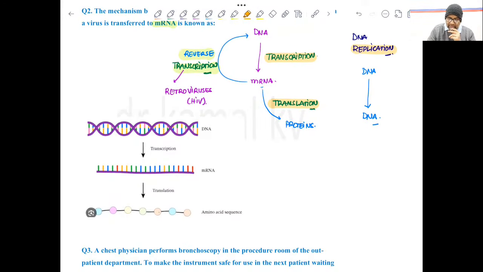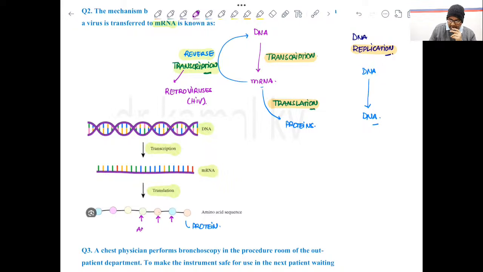Clear? So here we can see that from DNA there is synthesis of mRNA, and this is known as transcription. And from mRNA there is formation of the protein chains. So this is the protein chain, and this is known as translation. So here we can see these are all amino acids. Clear?